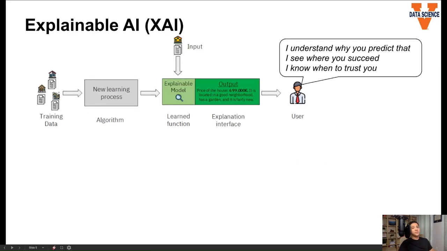So the goal here is to have explainable AI, a system where, when the model has a prediction output, it also comes with an explanation. In this case, for housing, it also says the reasons why the price is in this range, so the user can understand why the AI predicted that value, and knowing the explanations also tells us when to trust the system more.